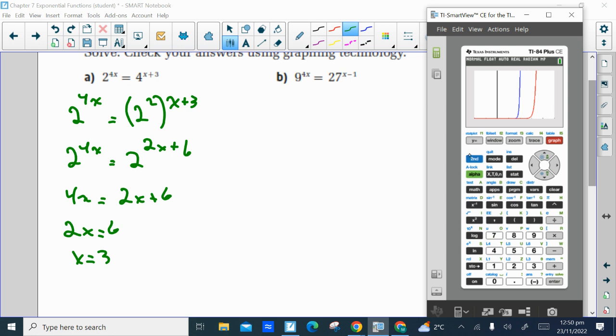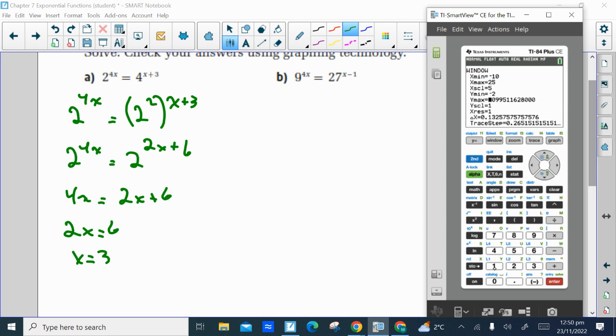And if I find the point of intersection, second function trace, number 5 for intersect, enter, enter, enter, you can see you get an answer of x equals 3. Just can't see it. I maybe should have let my y minimum be something a little bit smaller, like say -2. And my y max doesn't need to be near that big.